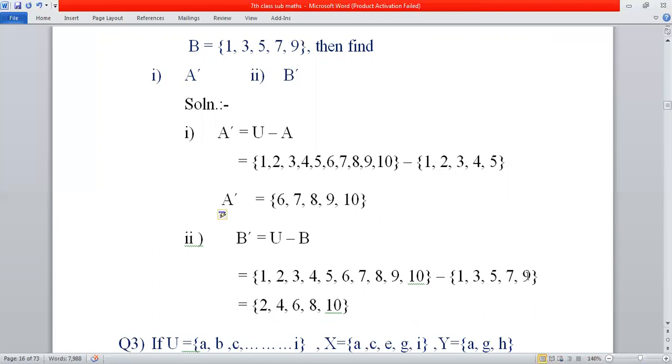And 10 is present in the second set, no, it will come in the answer.